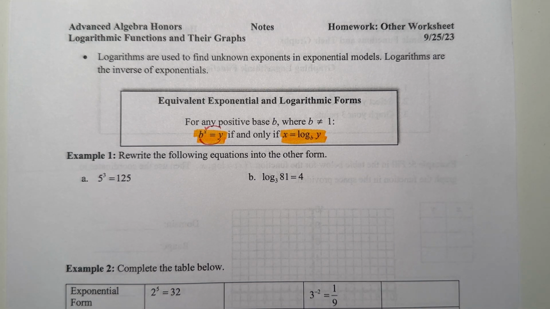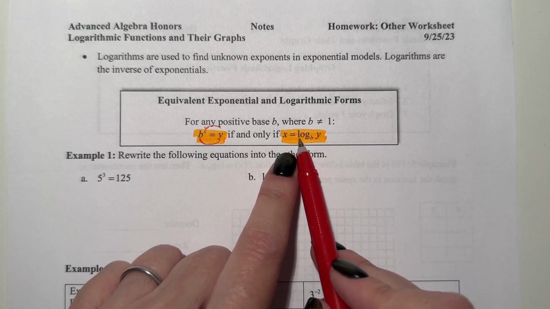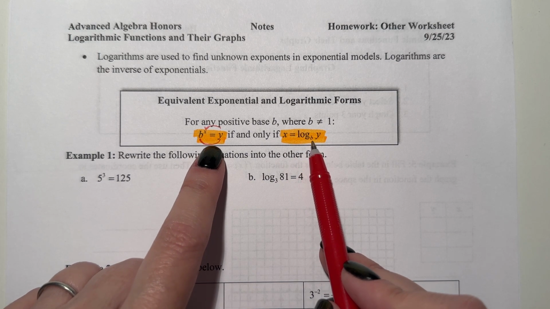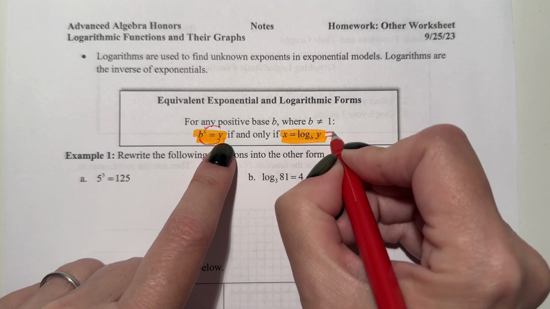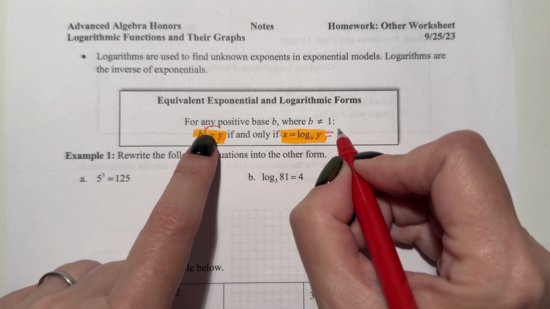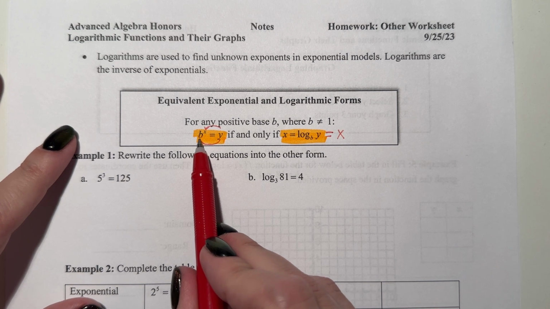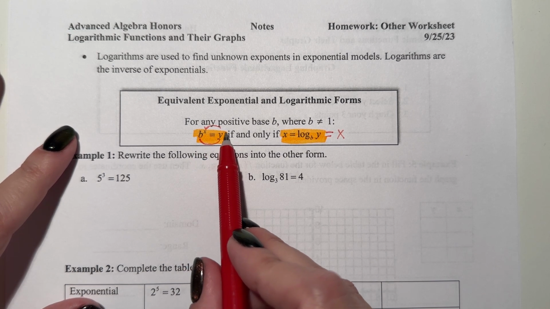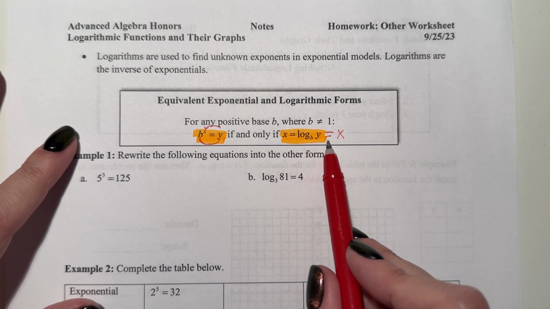Now you may say, well, why would I do that? Because when I come to fill this stuff in over here, it's going to be log base B of Y, and usually the equals on this side equals X. So it's all about order. I use the B first, then I use the Y, then I use the X. So I would do B, Y, X.